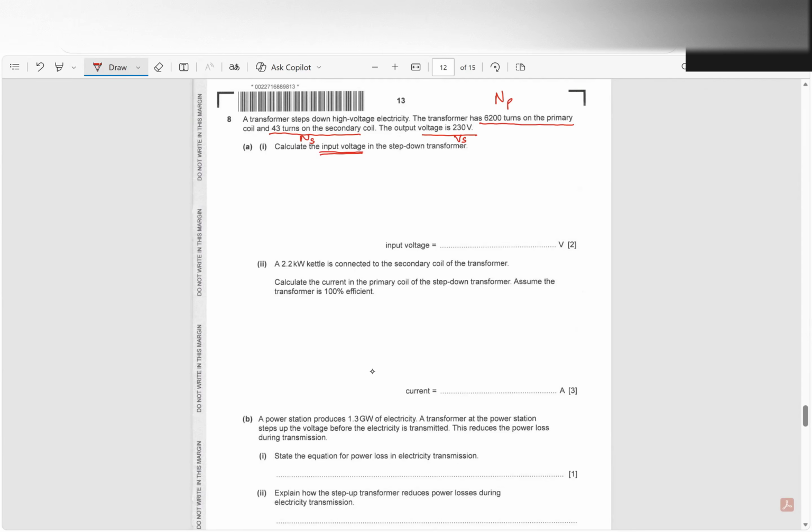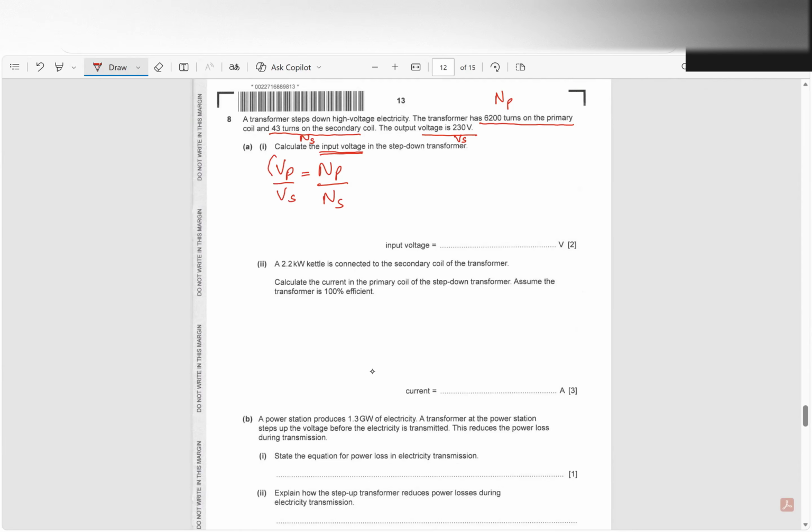So we have the number of turns of primary and of secondary. We also have the voltage of secondary, but we do not have the voltage of primary, and this is something we have to calculate. We're going to use the formula: voltage of primary divided by voltage of secondary equals number of turns on primary divided by number of turns on secondary.